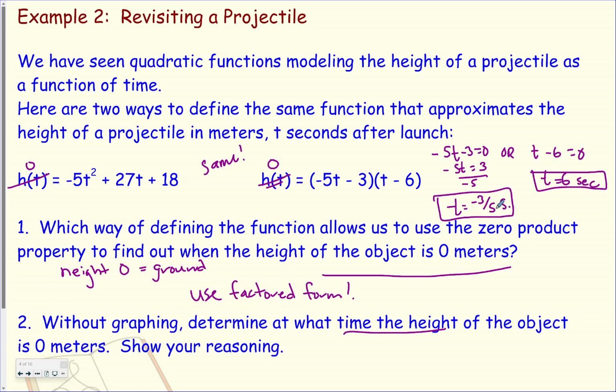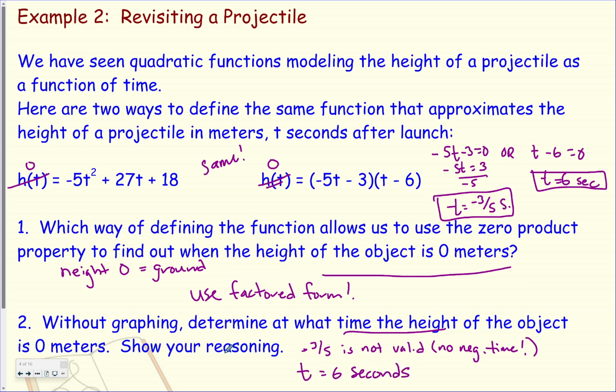Well, I got two answers, but wait a second. This one is negative. So, negative time, is that really allowed? That's like traveling backwards in time. We can't do that. So negative 3/5 is not valid. You can't have negative time. So t equals 6 seconds.